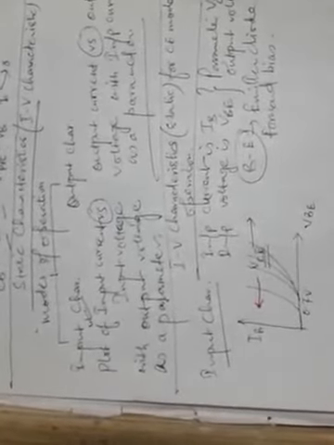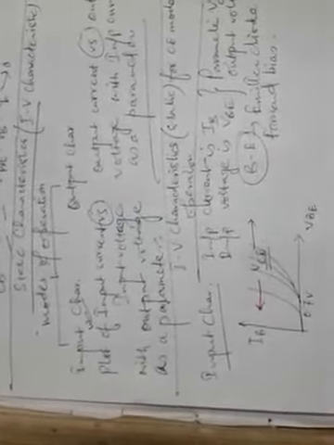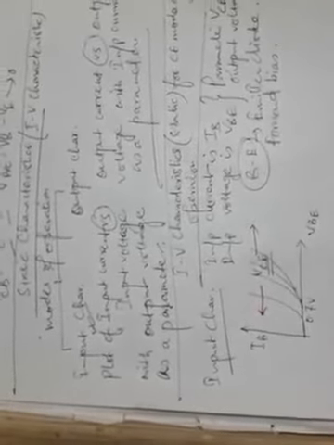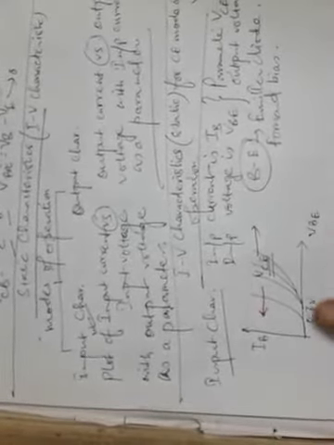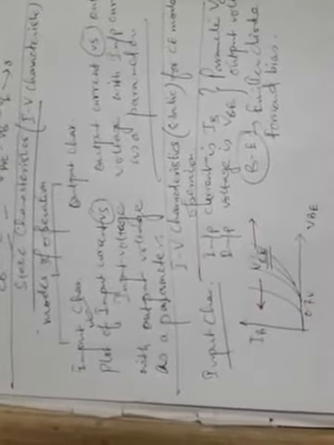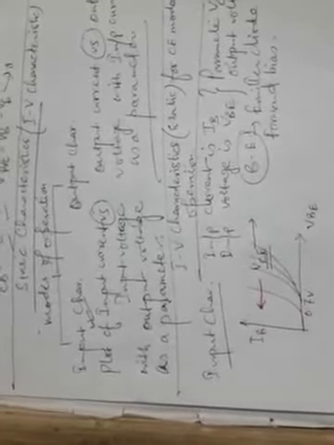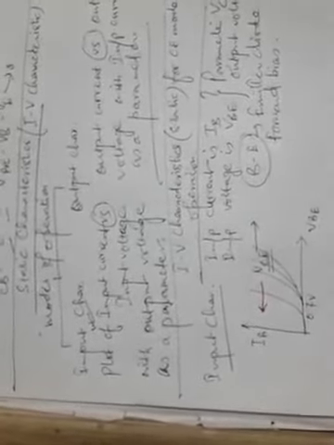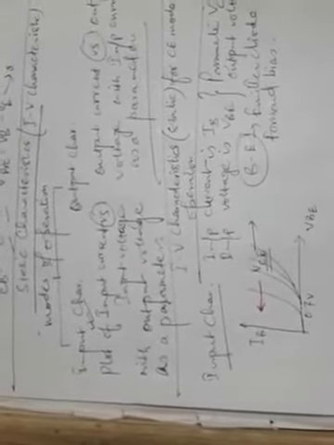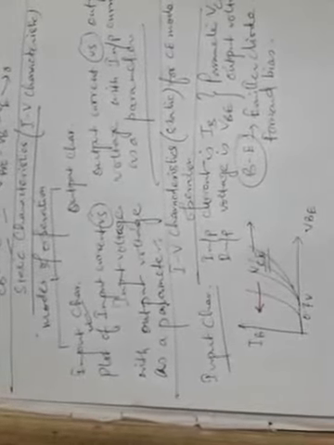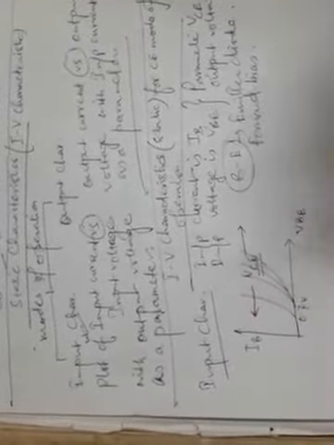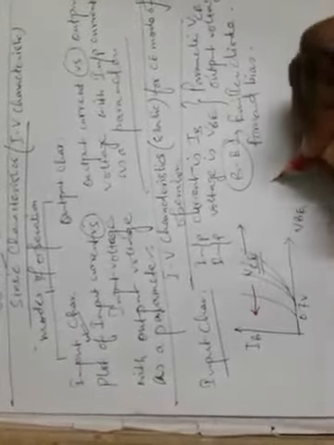So for constant VBE, the magnitude of the base current decreases as we increase VCE, because if we increase the output voltage, the output current changes too.